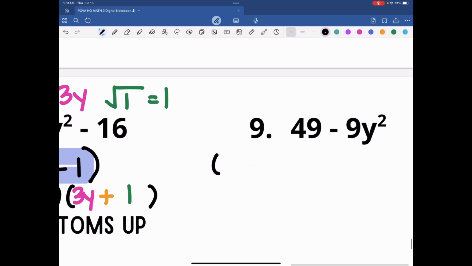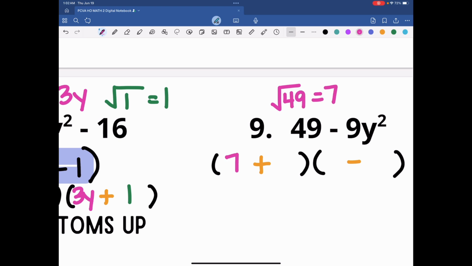And when we write this, we need to make sure we get 1 plus, 1 minus. All right, so we are going to take the square root of 49, and the square root of 49 is going to give me 7. So 7 is going to go in the first place, in the first part of the parentheses, just like the 49 was in the first term of the actual expression.